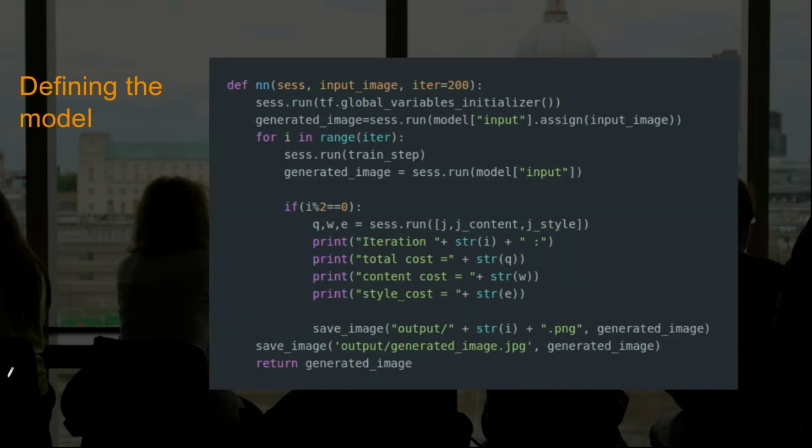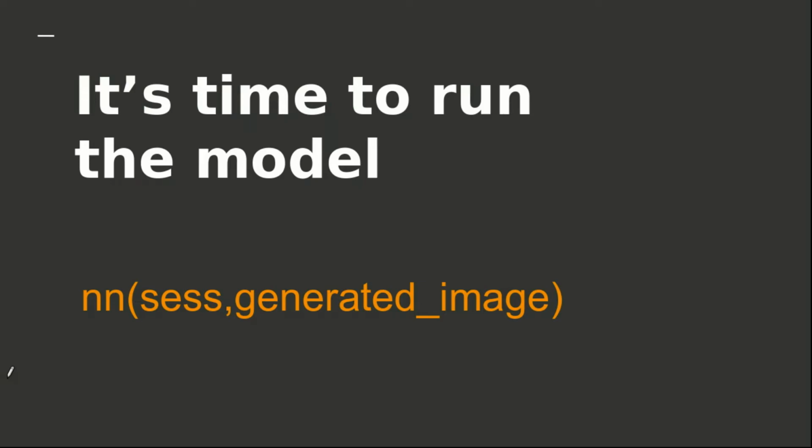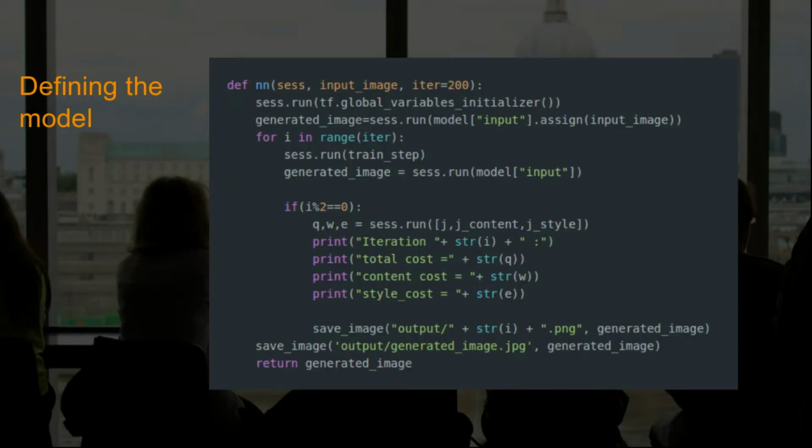We are going to assign the input image as the input to the VGG19 model and run it. In this model, we are going to initialize global variables. So you need to run the session on the initializer, and then we are going to run the noisy input image, the initial generated image, through the model.